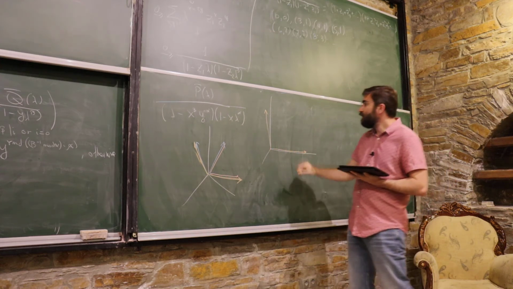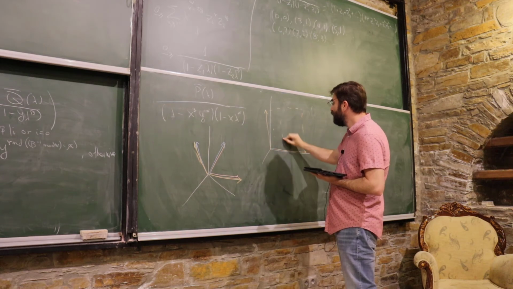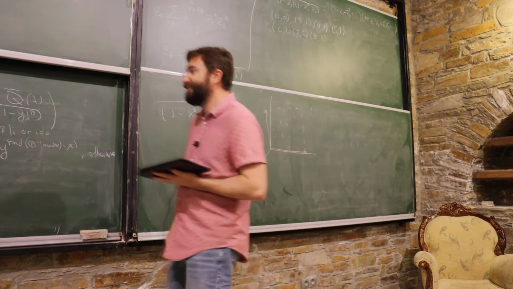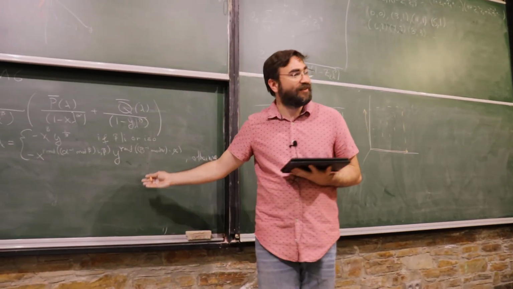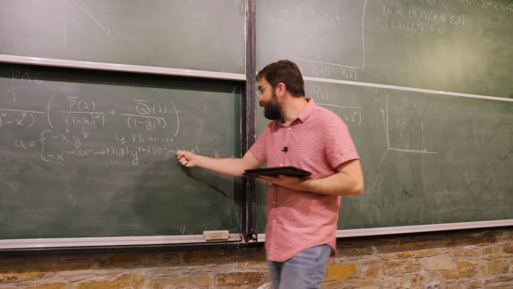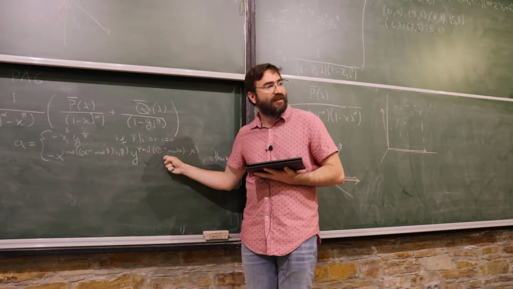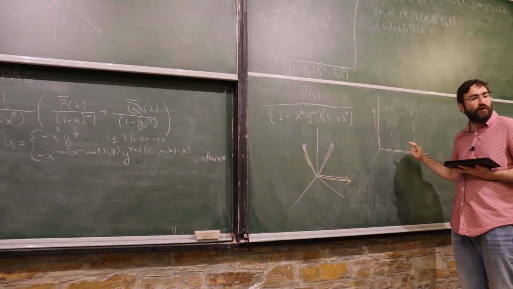Okay? And guess what are the lattice points in the fundamental parallelepiped? Andrews, Paule, geniuses, right? So these exponents give you exactly the lattice points in the fundamental parallelepiped of this cone.